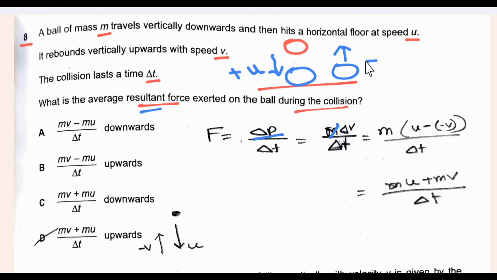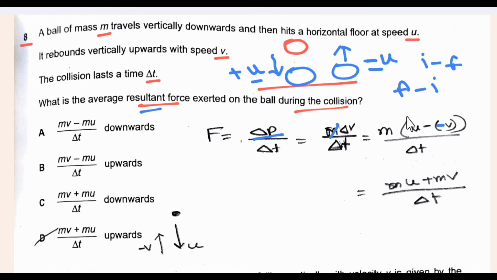So for upward movement the velocity is negative, that is negative u or negative v. The velocity is negative for upward movement, since for downward it is positive. Since it is moving in the opposite direction, the velocity is negative, and as we know, change in momentum is equal to final momentum minus initial momentum, or initial momentum minus final momentum.